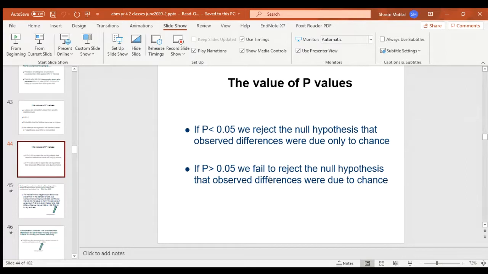Some students ask, what if the value you get is 0.05? If it's 0.05, you interpret it as the second one. So I should put, if p is more than or equal to, right? I have to look for that character, I'll copy and paste it in the slide. If the p-value is more than or equal to 0.05, then we say there are no significant differences. Some people ask, what if it's 0.049?